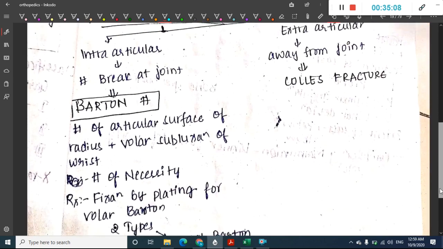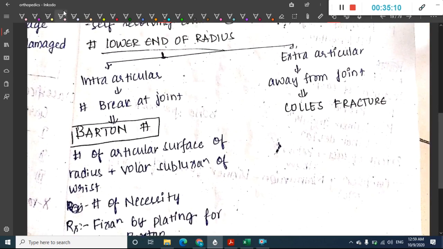The next fractures are those present in the lower end of the radius. There are two types: intra-articular fracture and extra-articular fracture.